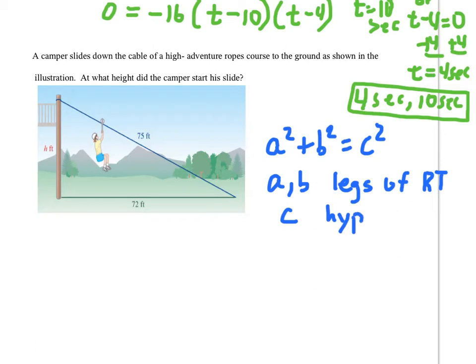Remember, you spell that hypo-ten-u-se. That's the side length opposite the right angle.